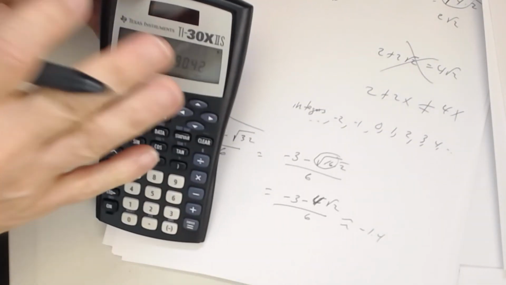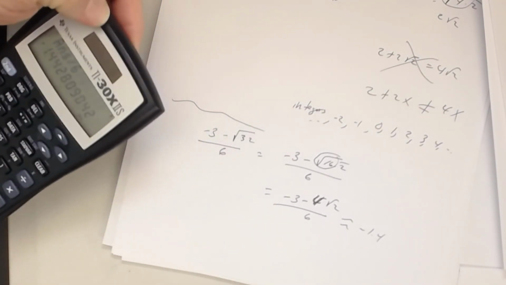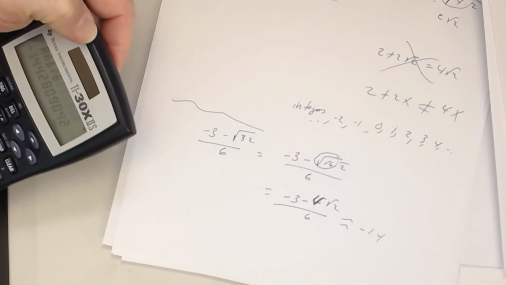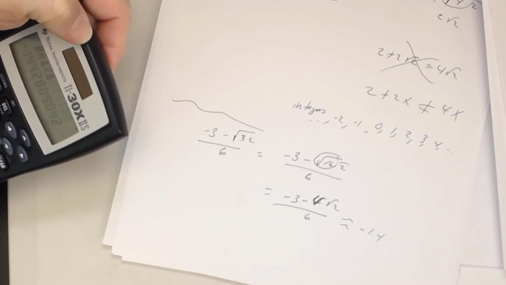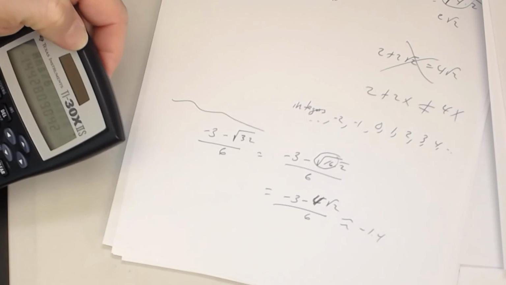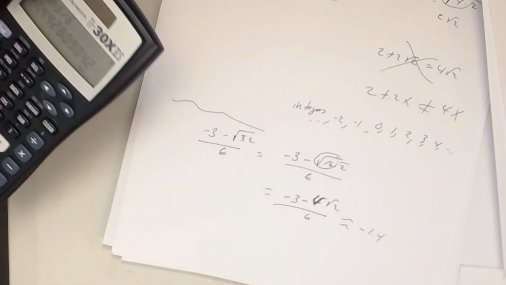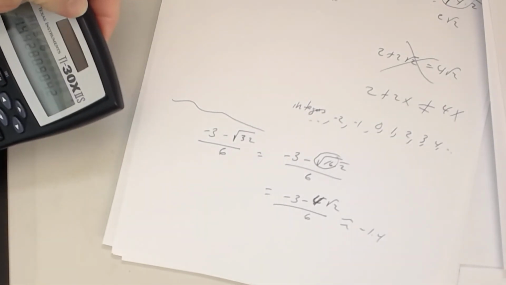Now, the idea of using a calculator here to approximate, you're going to need next semester, because next semester you'll be graphing these quadratic equations. And so you have to approximate at that point the quadratic equation to graph them. So you need to remember how to use your calculator with the approximations.